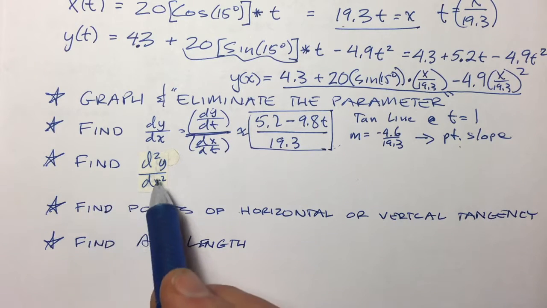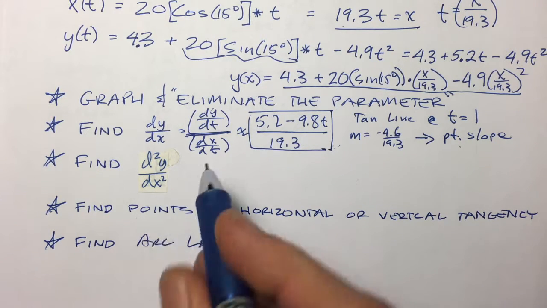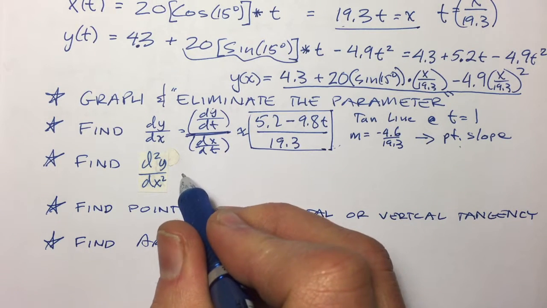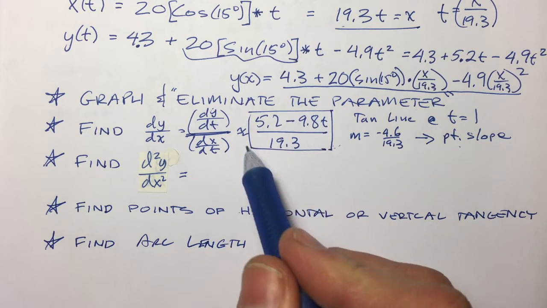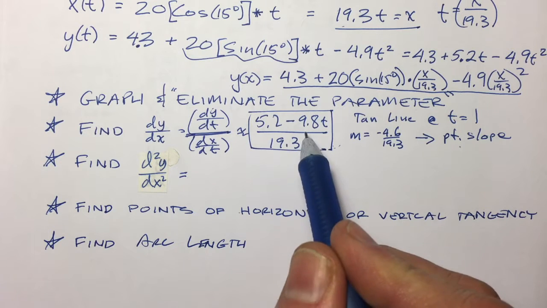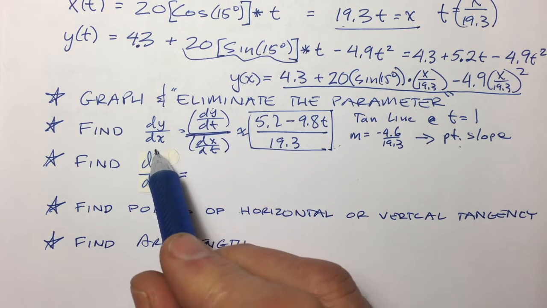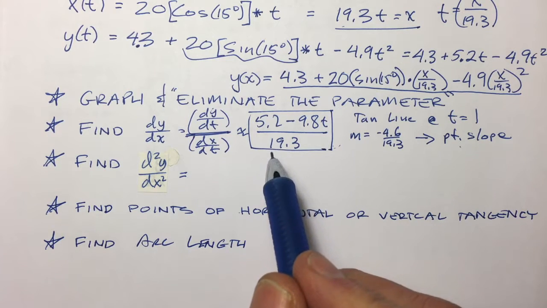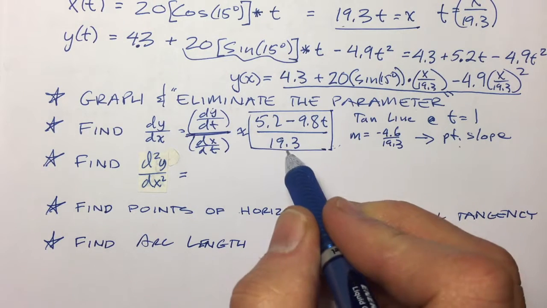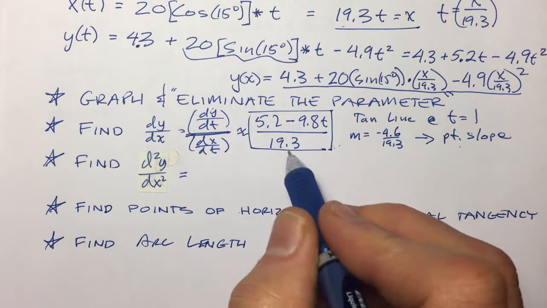Okay, when we're finding the second derivative, this is a little bit more tricky. What this is really saying is we're going to take the derivative of this function here for the first derivative and then take it a second time with respect to my dx/dt. So I'm going to repeat that denominator. If I divide this in, that's just going to be a constant.